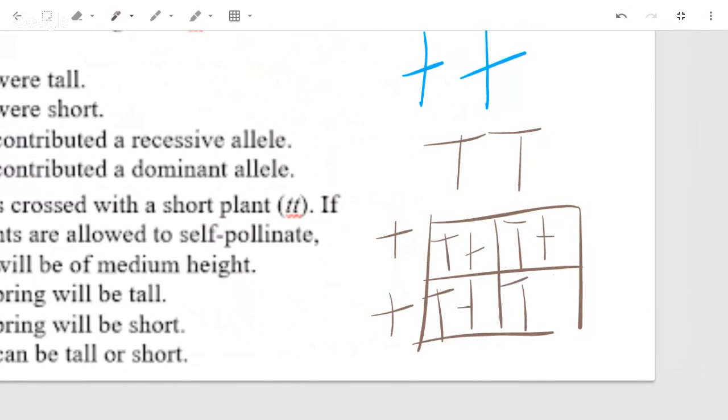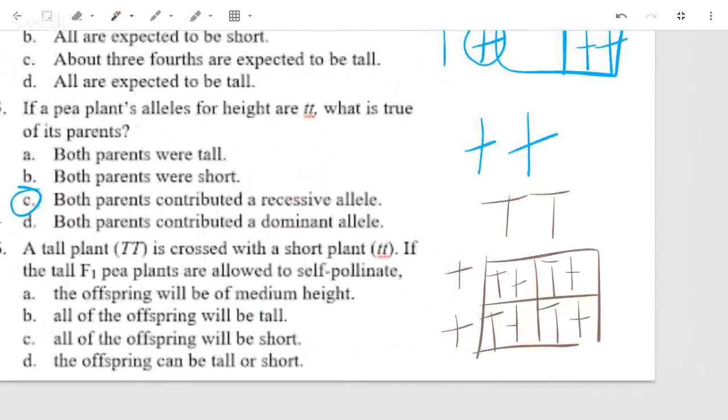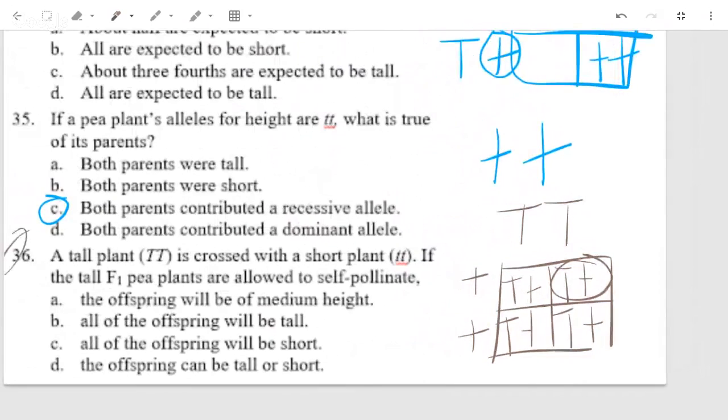They're all heterozygous, and they're all tall, but they're all heterozygous. So if you let these individuals cross-pollinate or self-pollinate, if you take the big T, little t's and let them pollinate each other or pollinate themselves, what are you going to get? That's what the question's asking. For 36, the answer is D.